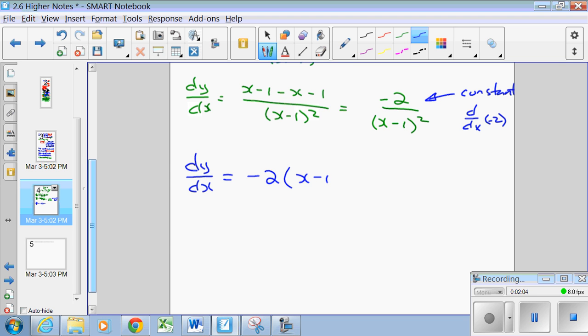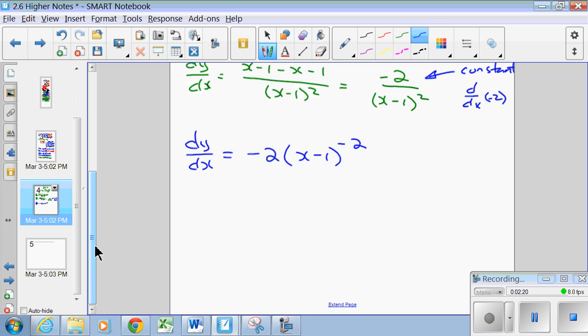And let's go x minus 1 to the negative 2. We could use the quotient rule again, but the derivative of negative 2 is 0, so that whole first part of the quotient rule goes away. And we're going to end up with something that's very similar to what we have here. So that's a hint for you. If you have a rational expression, but the top term is a constant, write it as a chain rule.